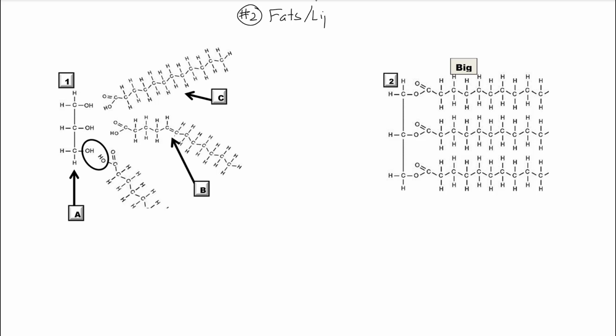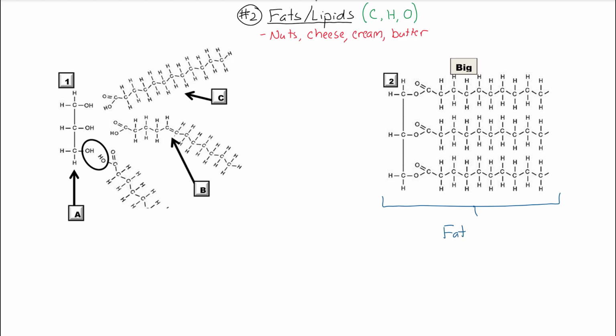Now we're taking a look at fats, our second major organic macromolecule. It's made of carbon, hydrogen, and oxygen, just like carbohydrates, but you find fats in nuts, cheeses, creams, and butter, different types of foods. This large molecule we identified a second ago as a fat or a lipid.